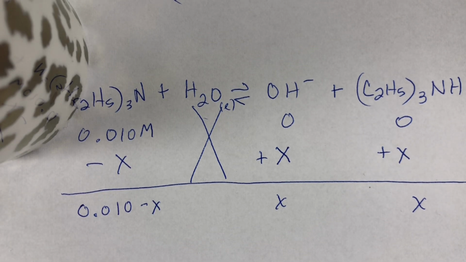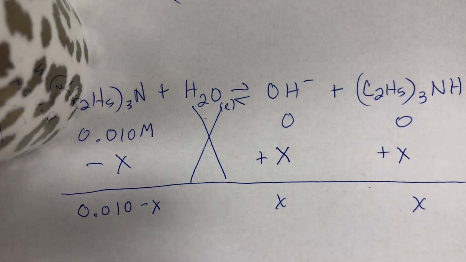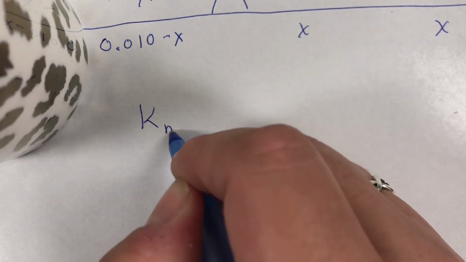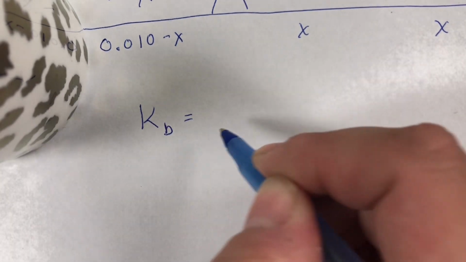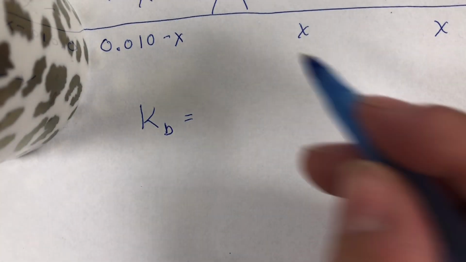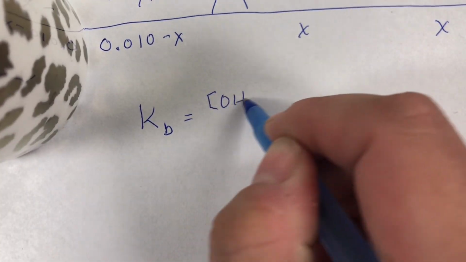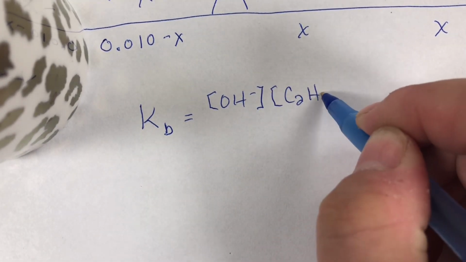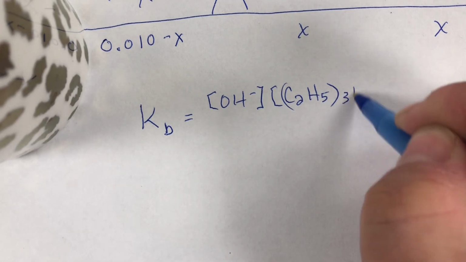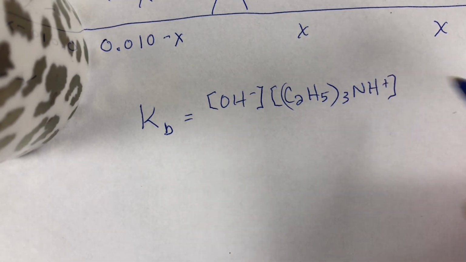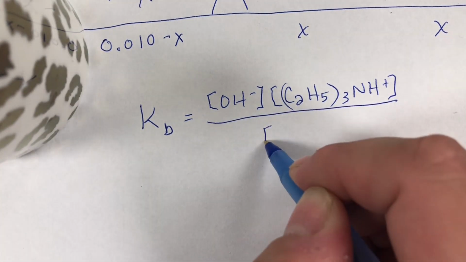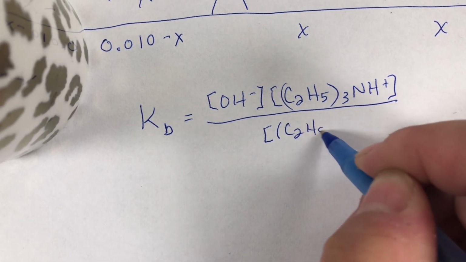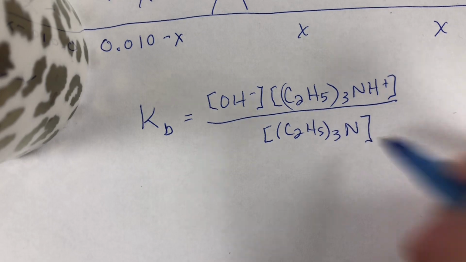And since that is at equilibrium, we are given our Kb value. So Kb, any of our Ks are always the stuff on the right over the stuff on the left. So we're going to have the hydroxide concentration times that cation, lots of letters here, all over the starting substance, our (C2H5)3N.